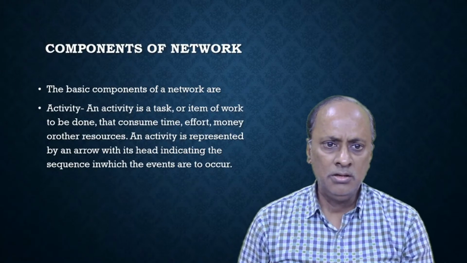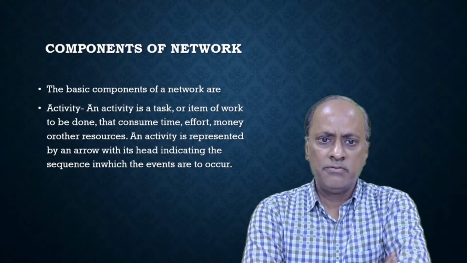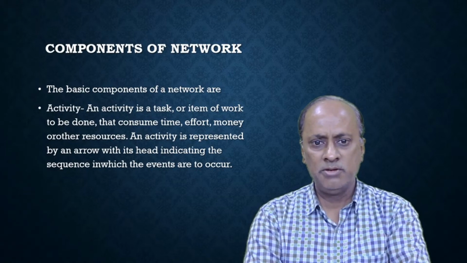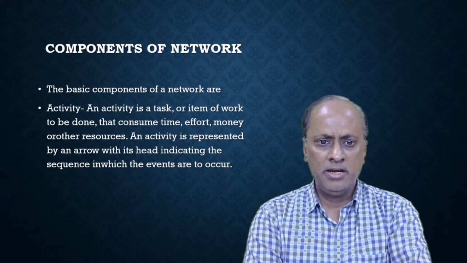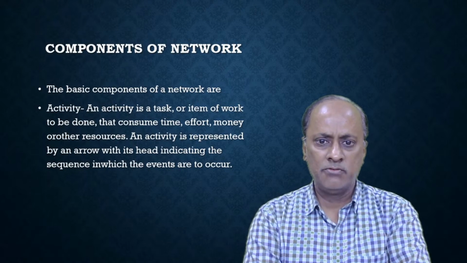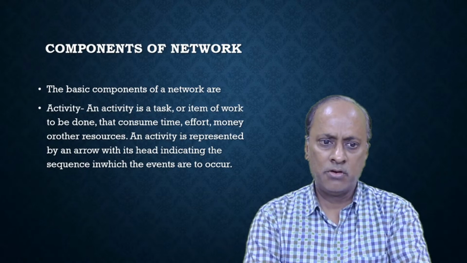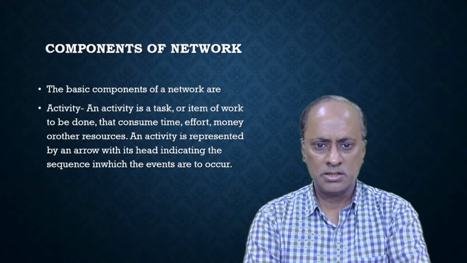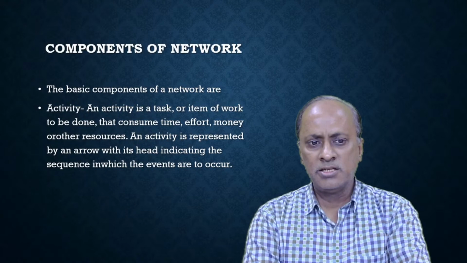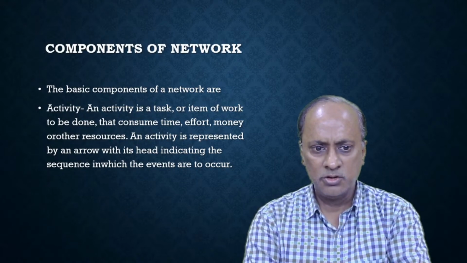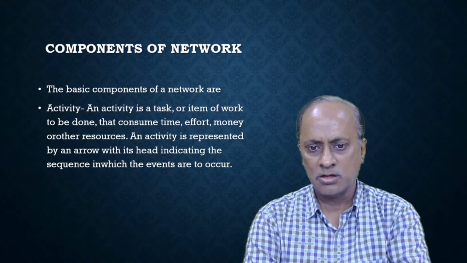Now, what are the components of a network? The basic components of a network are: first is an activity. Now, an activity is a task or item of work to be done that consumes time, effort, money, or other resources. An activity is represented by an arrow with the head indicating the sequence in which the events are to occur.